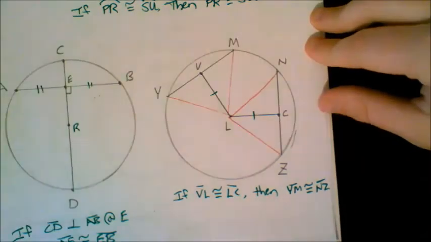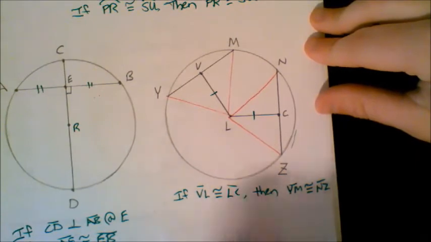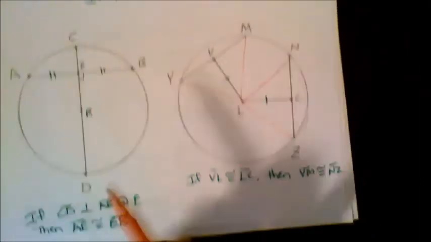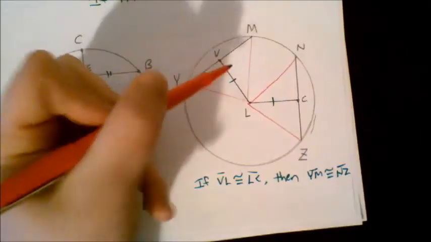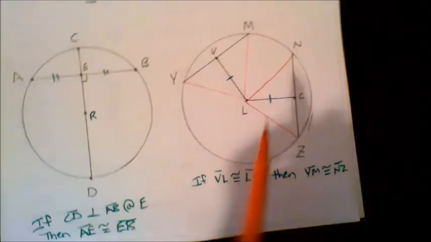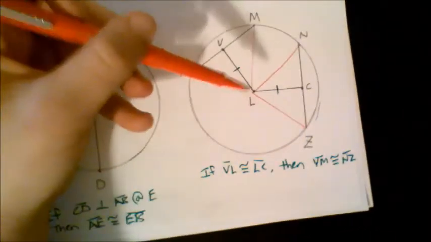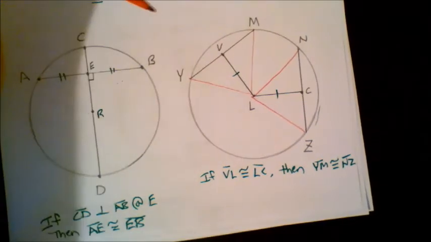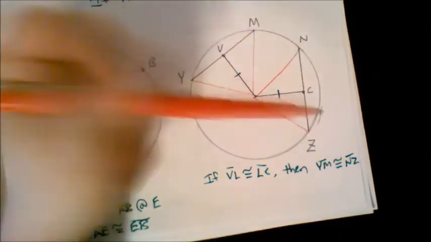There's a whole bunch of stuff we can say off of this theorem using the transitive property and substitution along with these two. But mainly, if segment VL is congruent to LC, and L is the center of our circle, then chord YM is congruent to chord NZ.